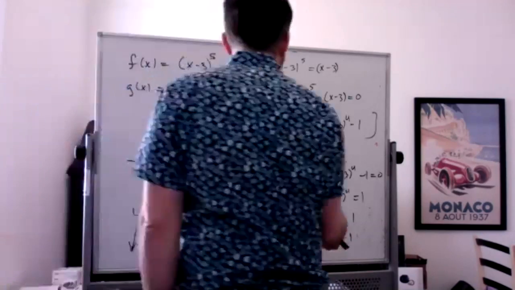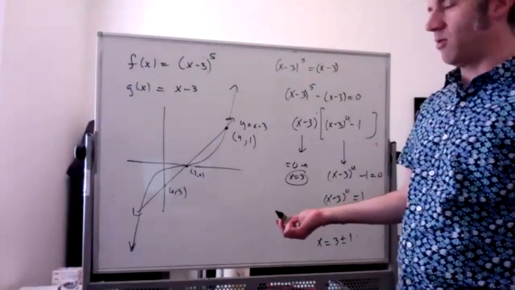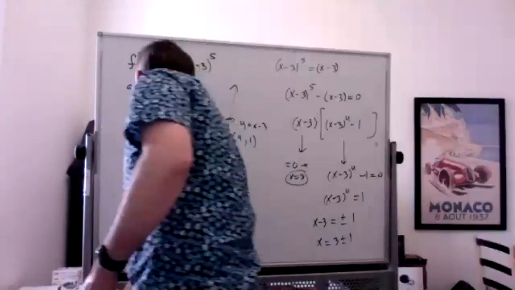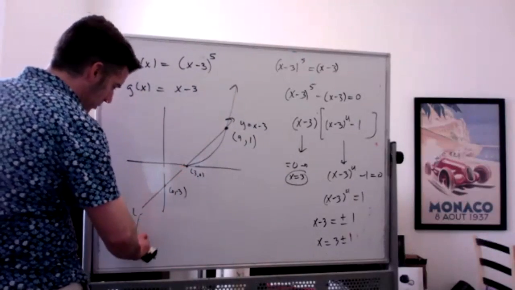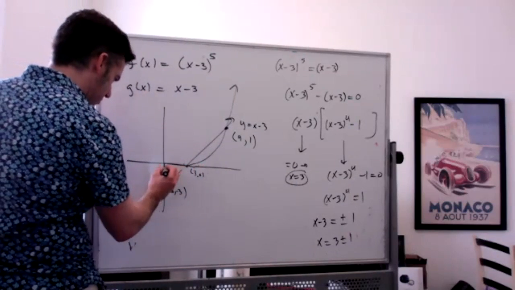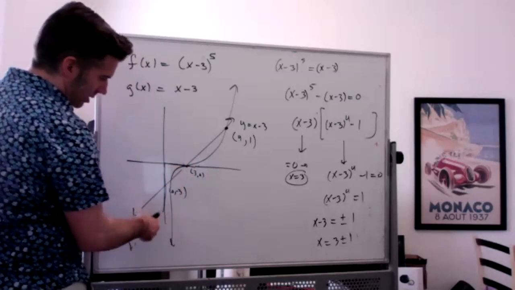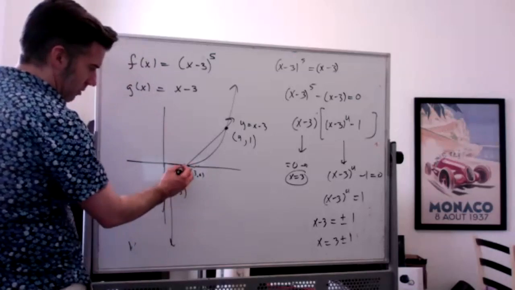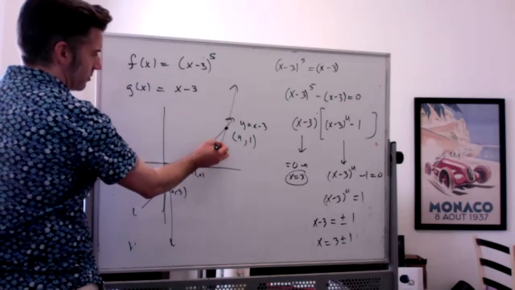Now I feel like I've made an error somehow, and I know what the error is. I've drawn my thing wrong. This graph is a little more extreme than I thought it was. It does something more like this. It still intercepts the x-axis, the y-axis somewhere, but we've got something like this, and something like this.